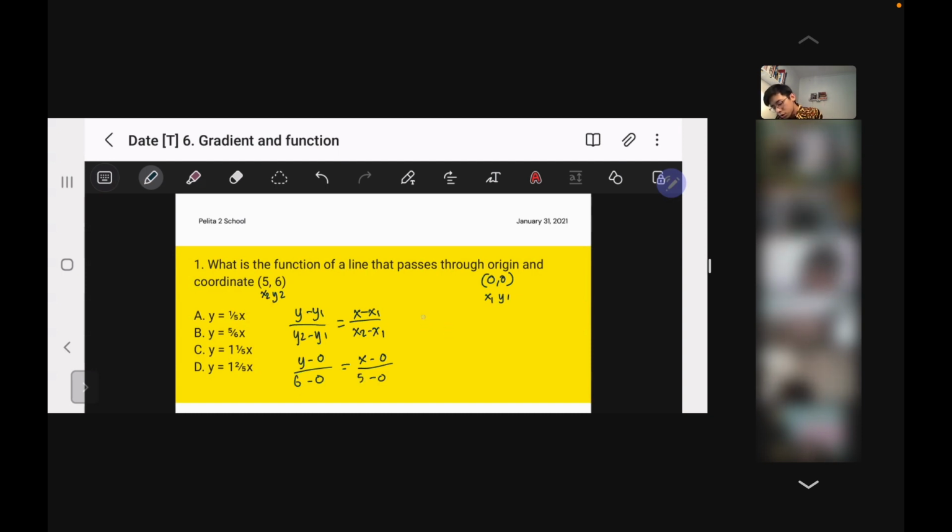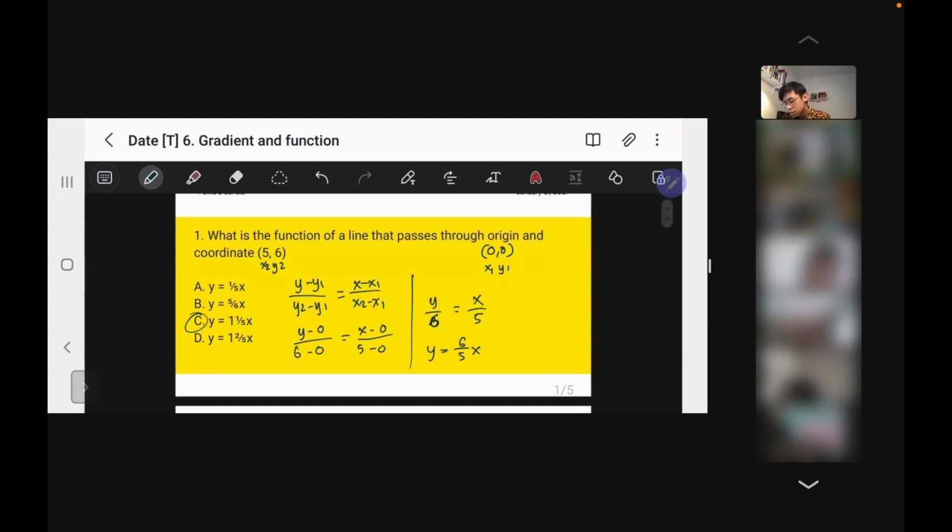So y minus 0 is y divided by 6 equal x divided by 5. So you move 6 to the right because it's divided on the left, you have to multiply it on the right. So y equals 6 over 5 x. 6 over 5 x is equal to 1 and 1 over 5 x. So the answer is C.